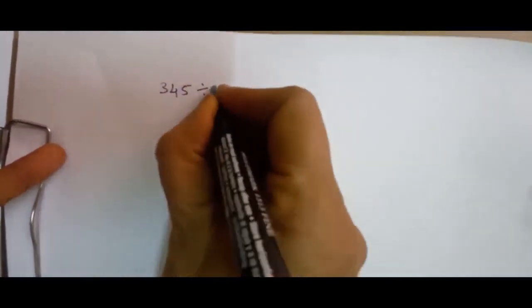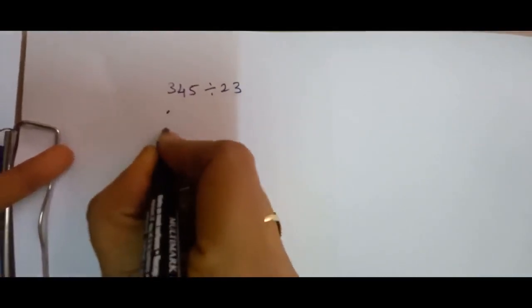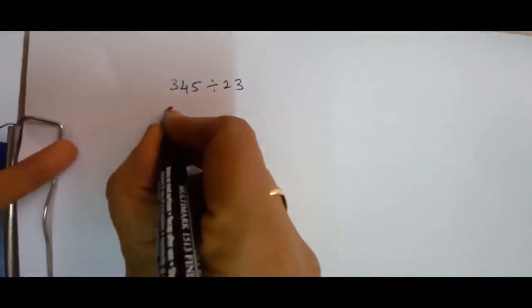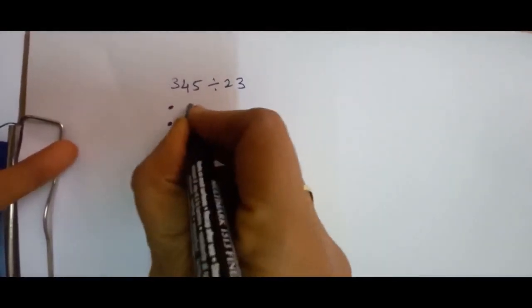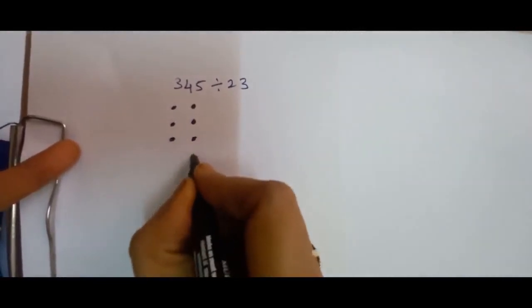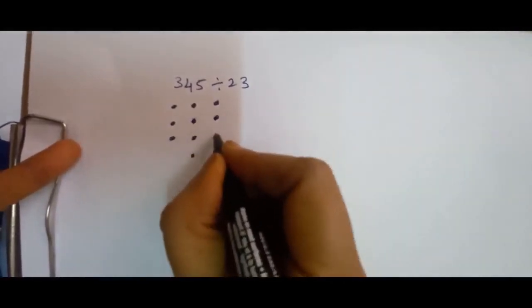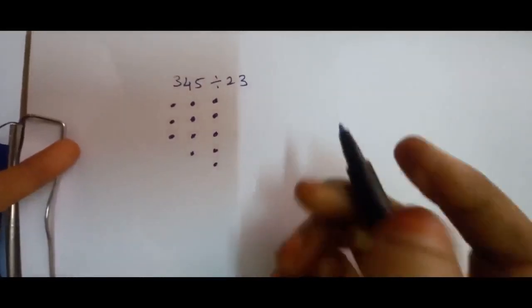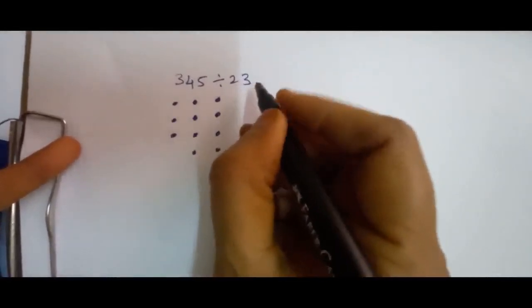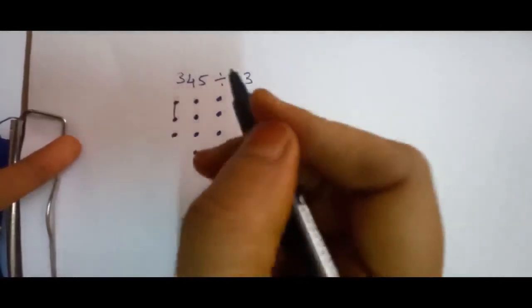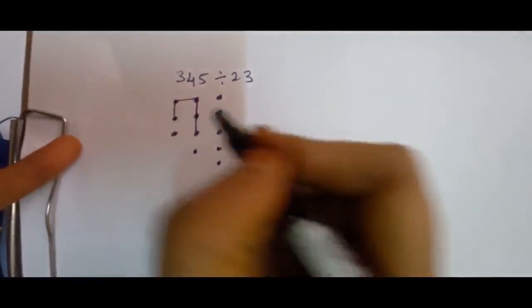Let's take one different example. Let's take 345 divided by 23. So 1, 2, 3. Next 1, 2, 3, 4. Next 1, 2, 3, 4, 5. Okay. Divisor is 23. So add 2 dots in the first row and 3 dots in the second row.